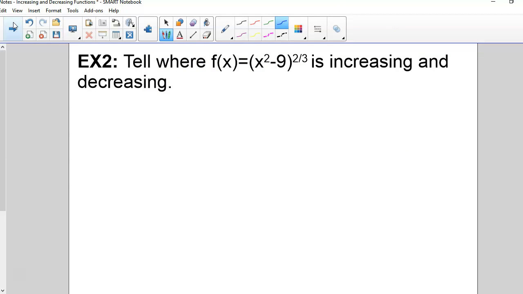So for example 2, we're supposed to tell where f of x equals (x squared minus 9) to the 2/3 is increasing and decreasing. So the first thing we want to do for these is find the derivative, f prime of x. Justice, how would we take the derivative of this one? Chain rule, yes.